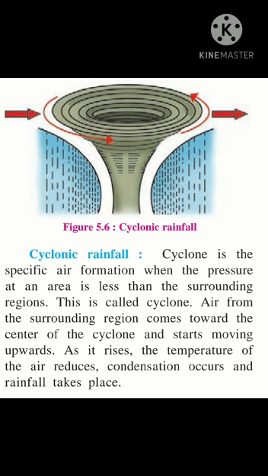Now the third form of rain, that is cyclonic rain. At the center of extremely low air pressure, air from the high pressure areas from all directions moves into the low pressure center. Wind moves in a circular motion.